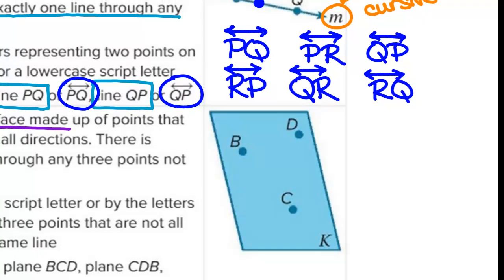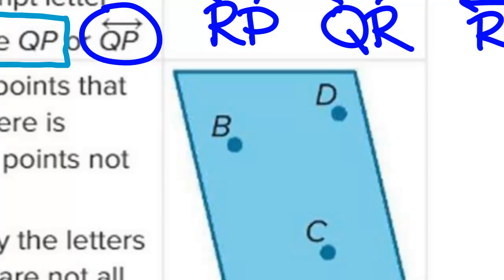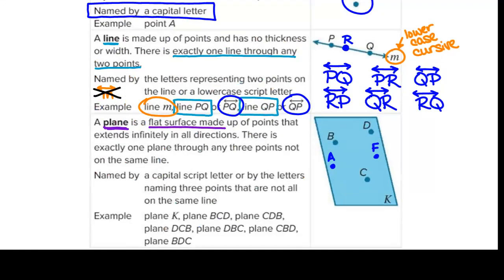But we can add more points to this plane, like maybe there's a point A over here. Maybe there's a point F over here. Usually when they give us a representation of a plane, we're not going to add additional things to it, but just so you understand, planes have more than just 3 points on them. We might only see 3 of those points.